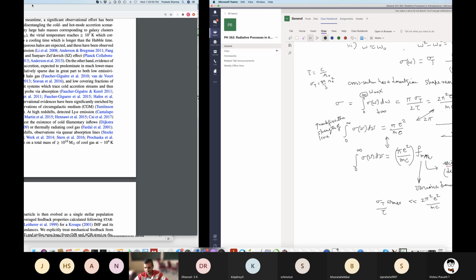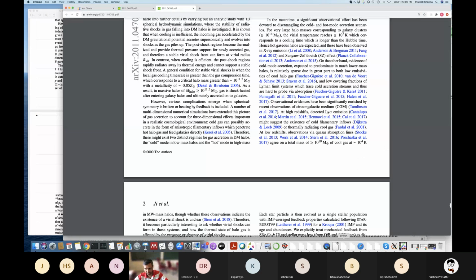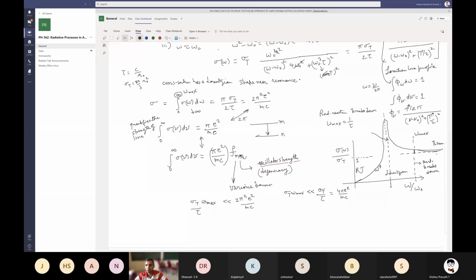Sir, can you once again explain the omega max derivation, how we got that? Yes, okay, let me go back. Right, so omega max is the maximum value of omega at which your radiation reaction treatment, the perturbative treatment, is valid. And basically omega max is much less than 1 by tau, and this tau was the light crossing time across an electron.